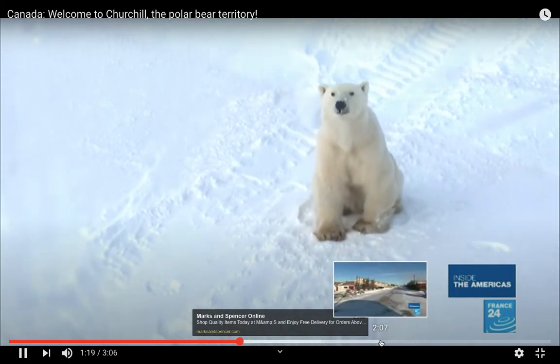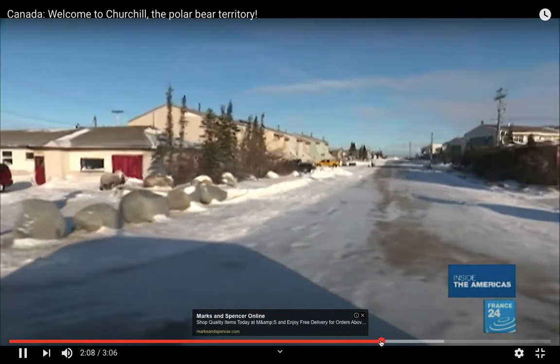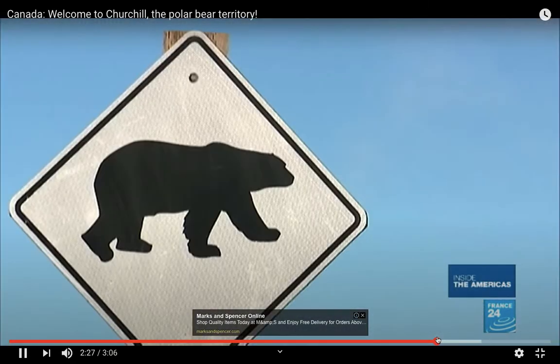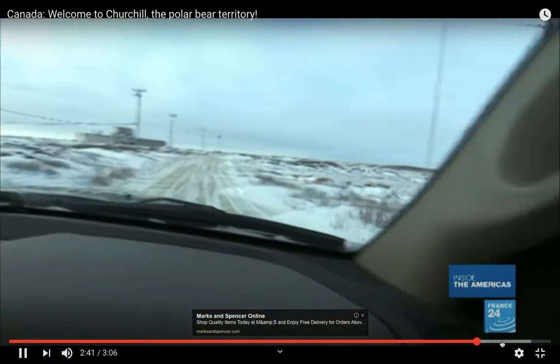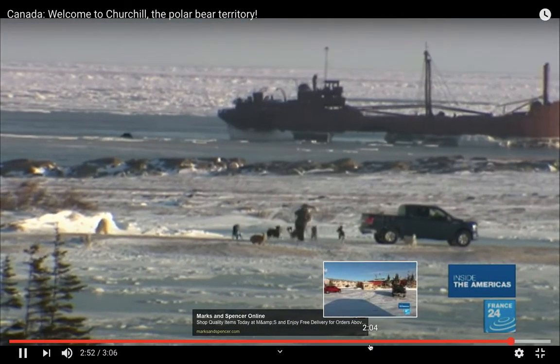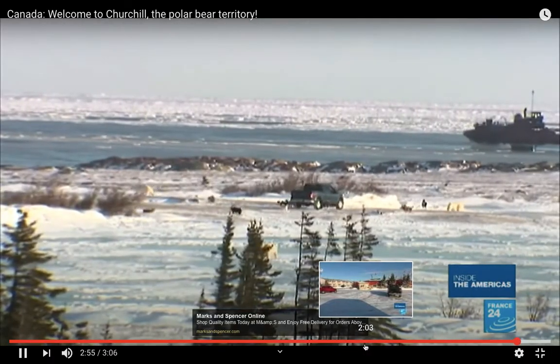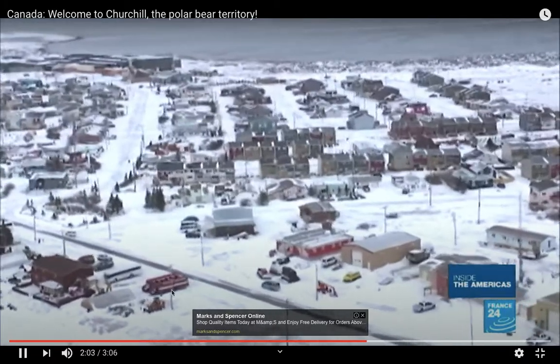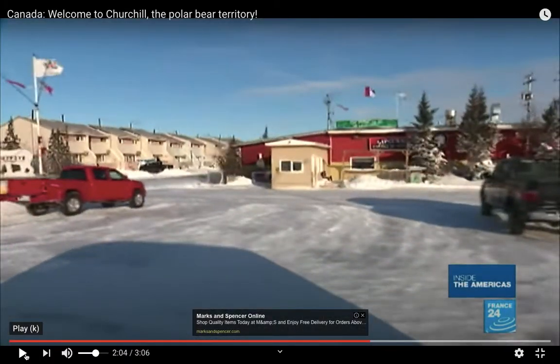People now flock from all over the world. The bears mostly come to steal food, and going along these places is dangerous for the people who live in Churchill. This man is feeding his dogs outside, despite being surrounded by three curious and feral bears. Here you can see the town is located on a polar bear migration route.